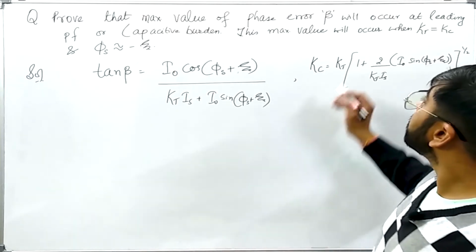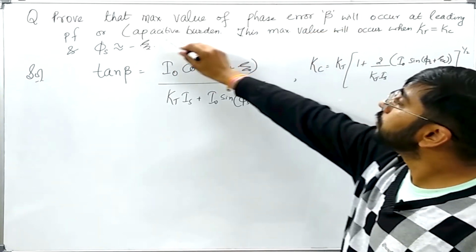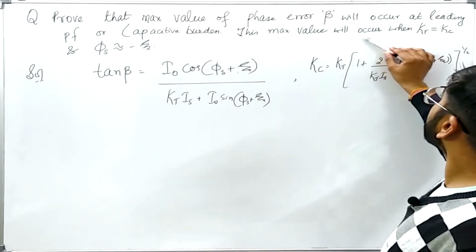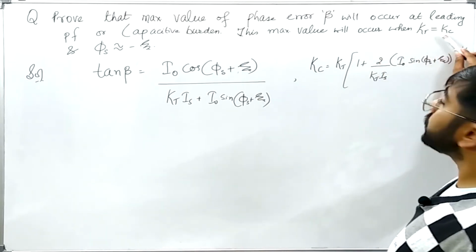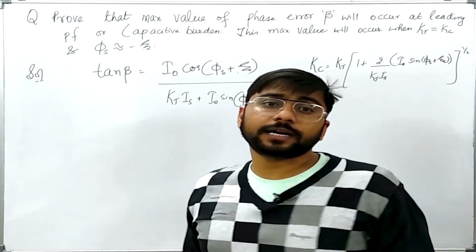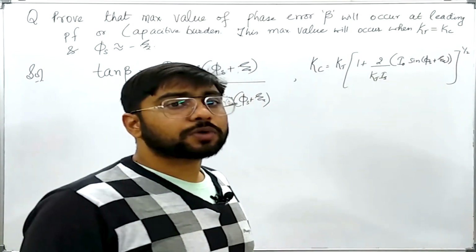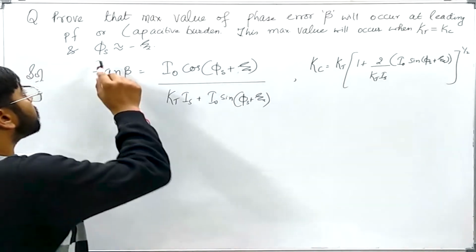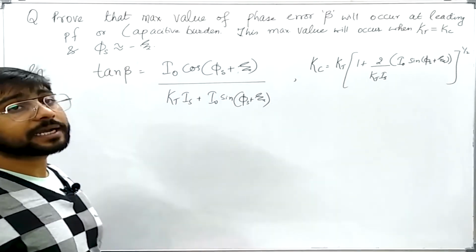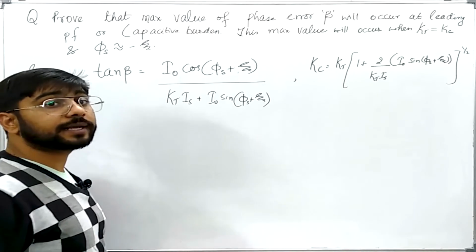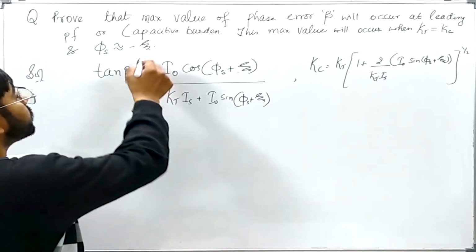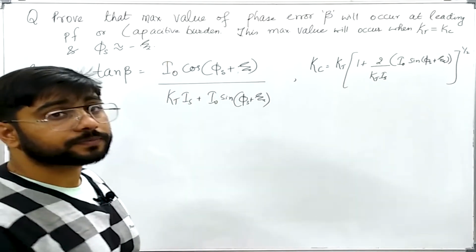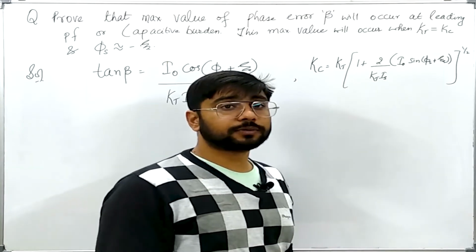And this maximum value will occur when KT is equal to KC, that is, the ideal transformation ratio is equal to the actual transformation ratio, and the value of phi s, the power factor angle with respect to the induced secondary voltage, is equal to minus zeta, where zeta is the hysteretic angle. So now let us prove that.